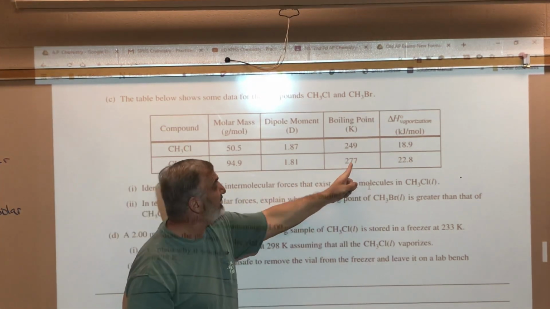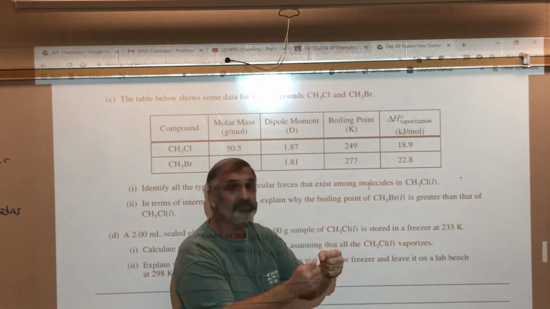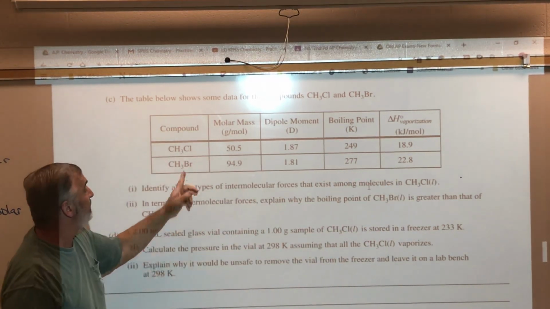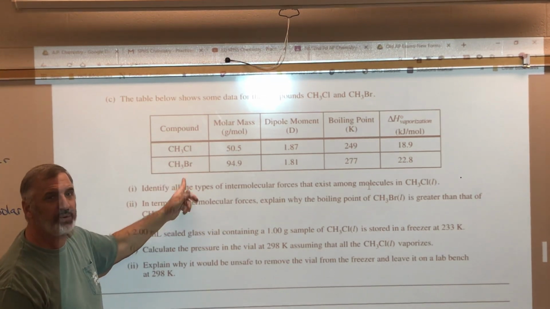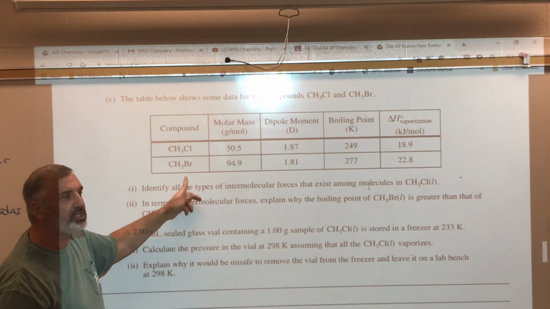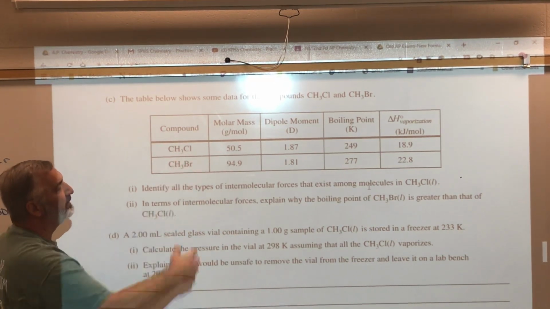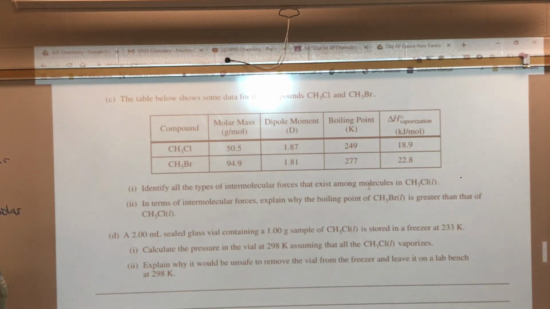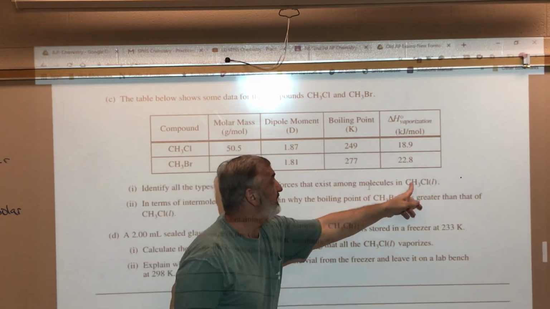So because it has the higher boiling point and a higher heat of vaporization, in other words, it takes more energy to break the molecules apart, we know that this has stronger IMFs. Look at the data. That's why this question is so important. These are the type of questions I think they're going to ask because you can't look that up anywhere.